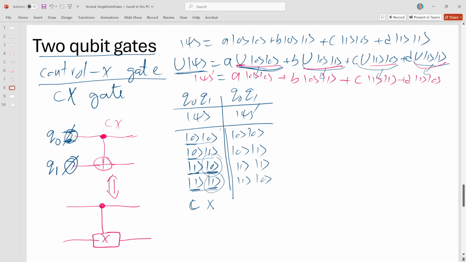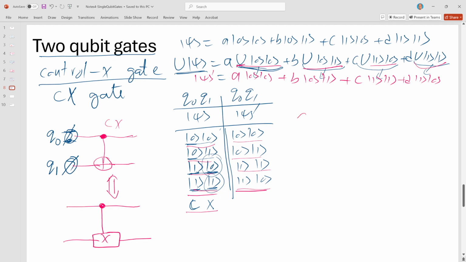So this CX gate has this property. And by the way, if you want to write out the matrix for this CX gate, then we will have to work out the vector states for all of these states, and then work out which of those is going to be.